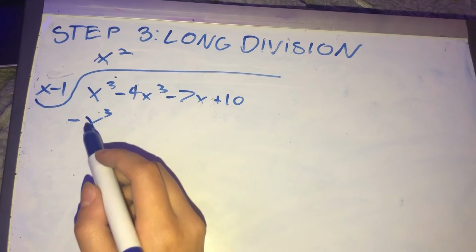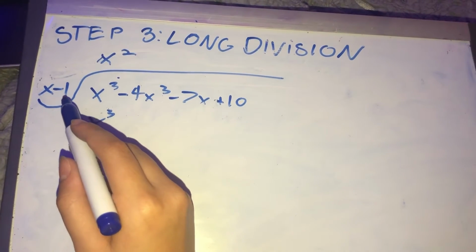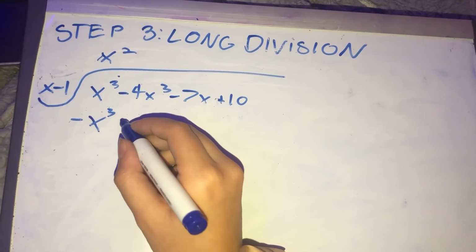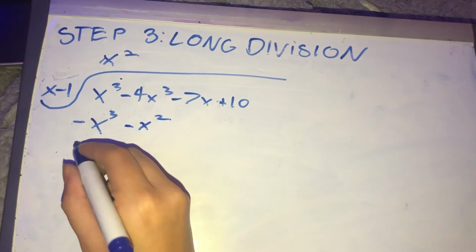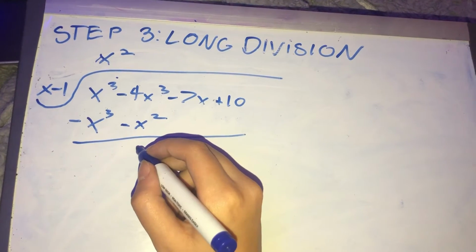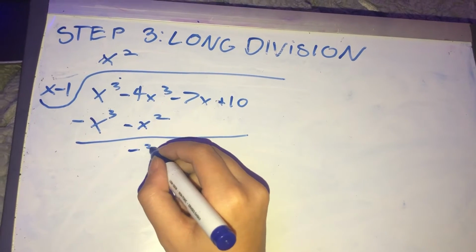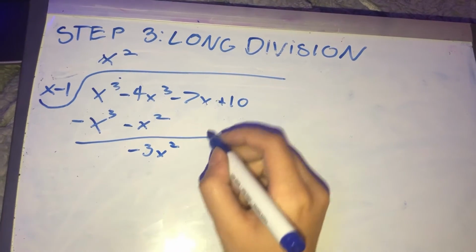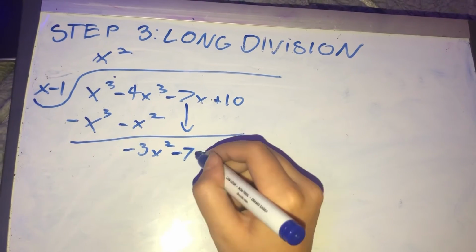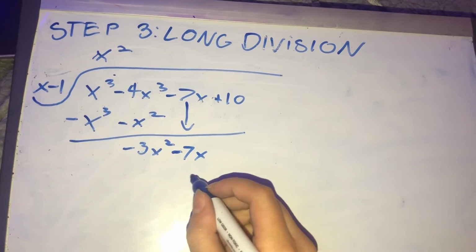So we subtract these two numbers. Then we take negative 1 and we multiply it by x squared. So that gives us negative x squared. We subtract these numbers, and that gives us 0 and negative 3x squared. We bring down the extra term and its sign, and that becomes negative 3x squared minus 7x.